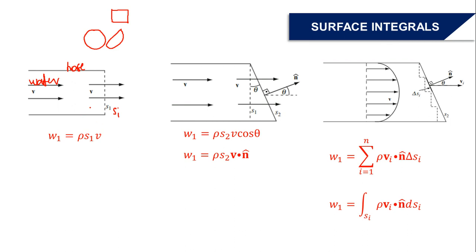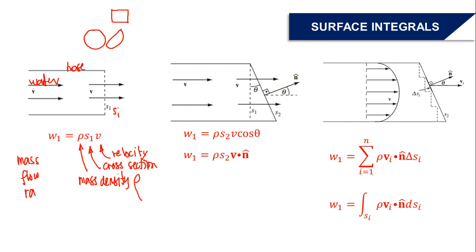If the fluid na dumadaloy dyan has a constant mass density, rho, tapos meron tayong surface area o yung ating cross section, and yung velocity ng fluid, makukuha natin yung mass flow rate using this relationship.